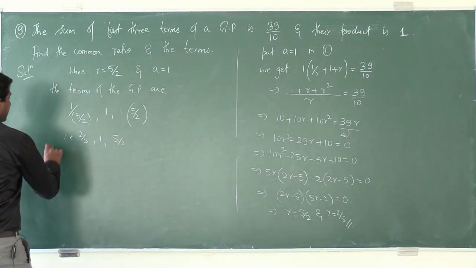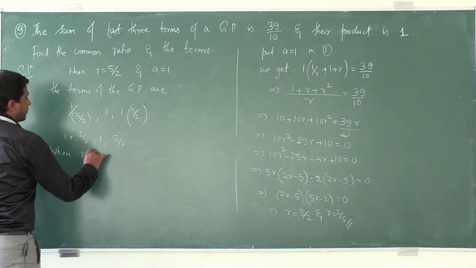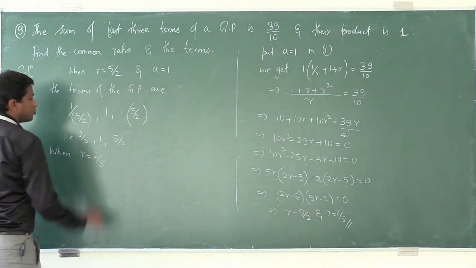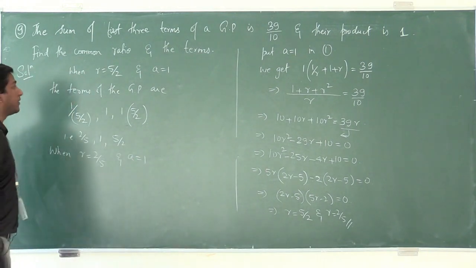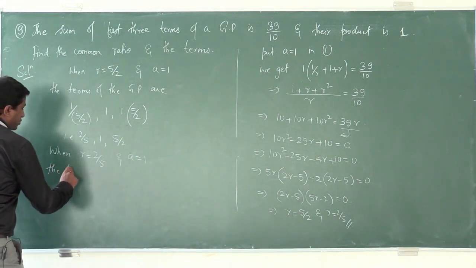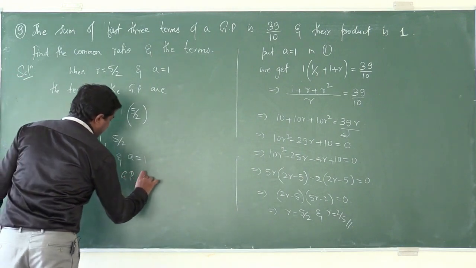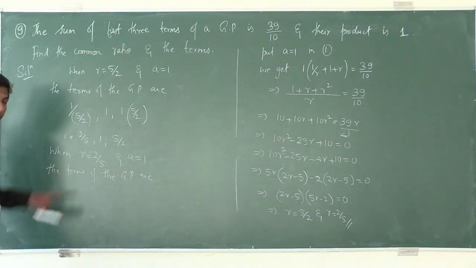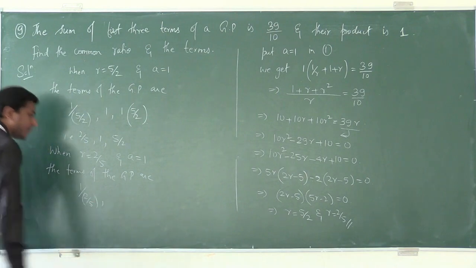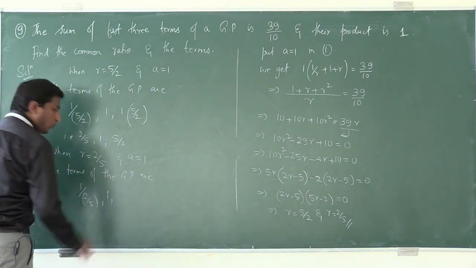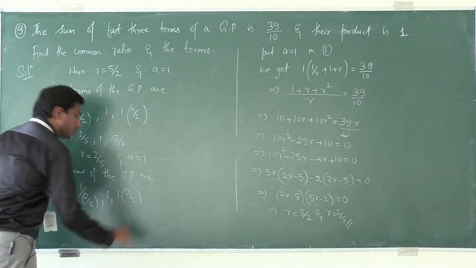Similarly, in the next case, when r equals 2 by 5 and the value of a is obviously equal to 1, the terms of the GP are a by r, comma a, comma a into r, that is 1 into 2 by 5.